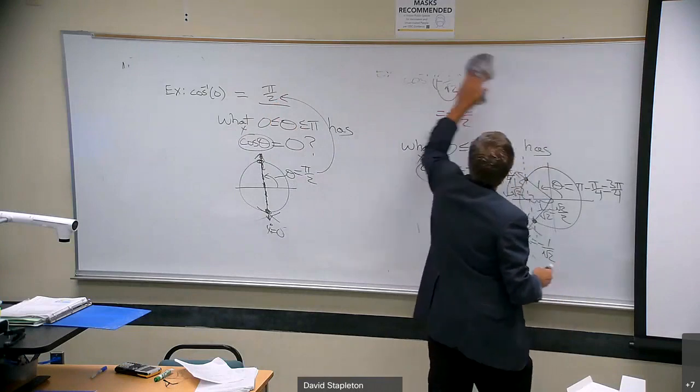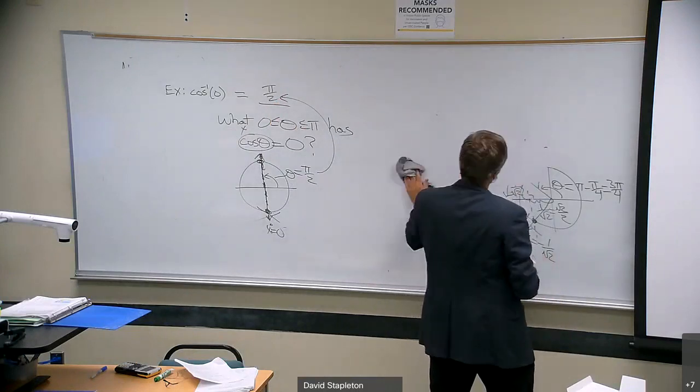What kind of takes thinking backwards, right? What angle has that cosine?